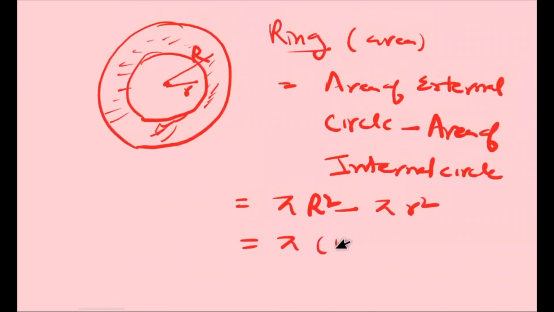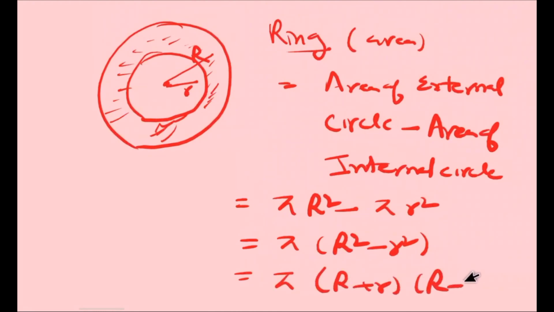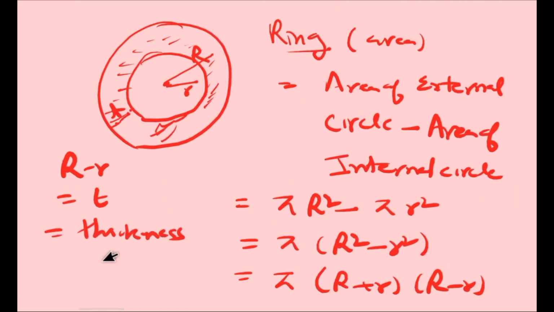Taking pi common, R square minus r square, and in algebra you know a square minus b square factors as R plus r and R minus r. R minus r, let this be T, the thickness of the ring. So you can write pi into R plus r into T. You can use the formula from anywhere. T is for thickness.